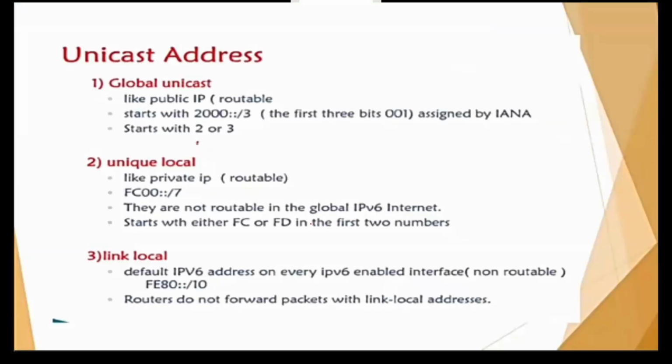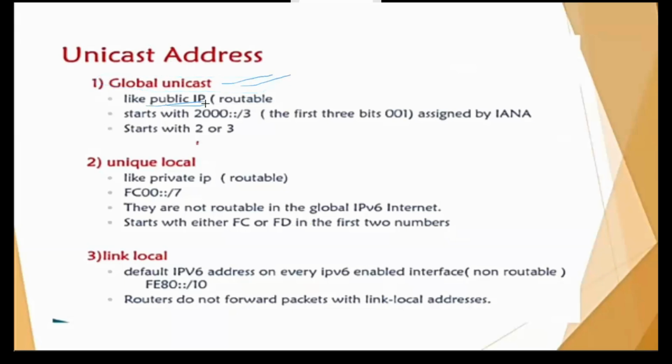After that, here also in IPv6, we have reserved addresses, right? Like in IPv4, we have private IP addresses and public IP addresses. So here also, first is global unicast. Global unicast means like public IP.